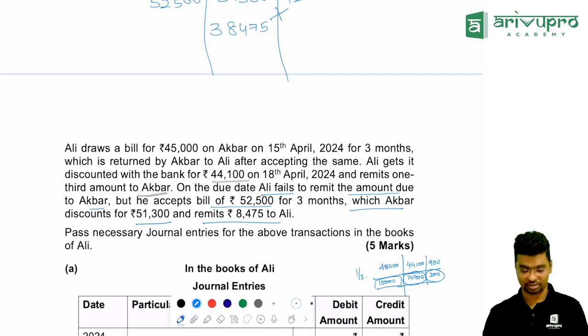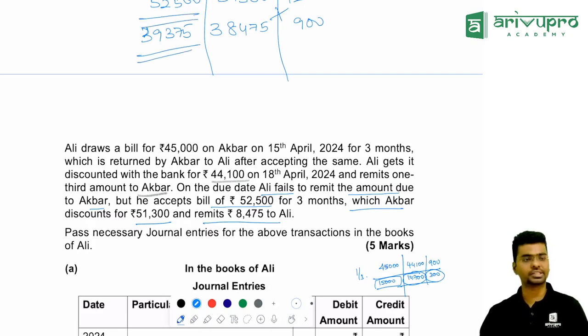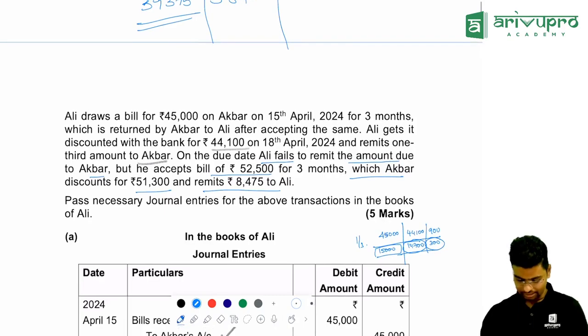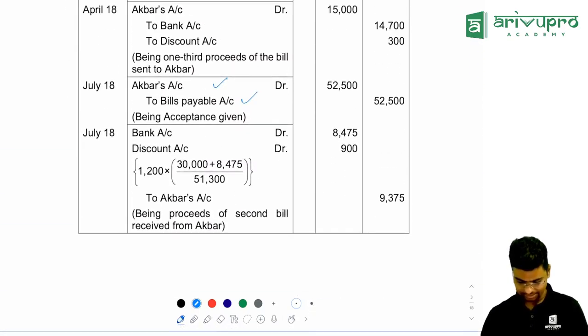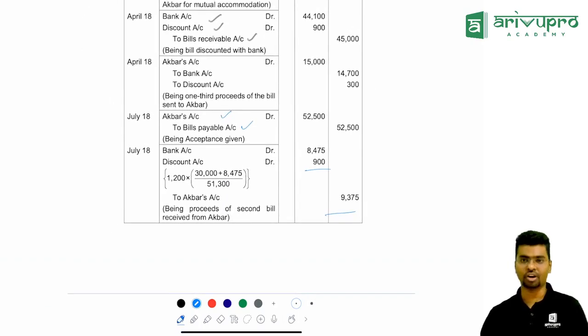How much? So this will be. This is the money that I should be receiving from this guy. Anyone got this wrong? Now understand?